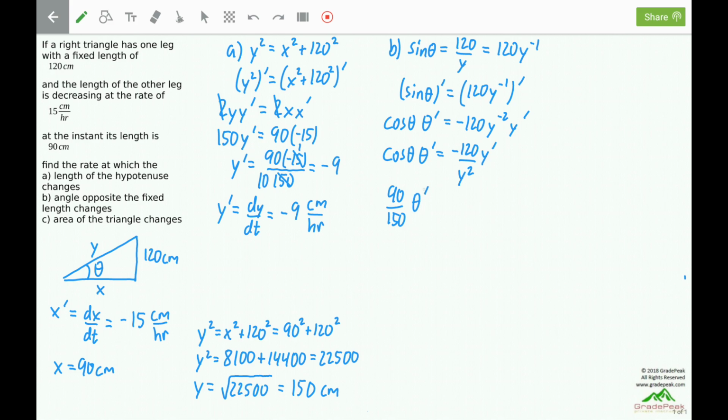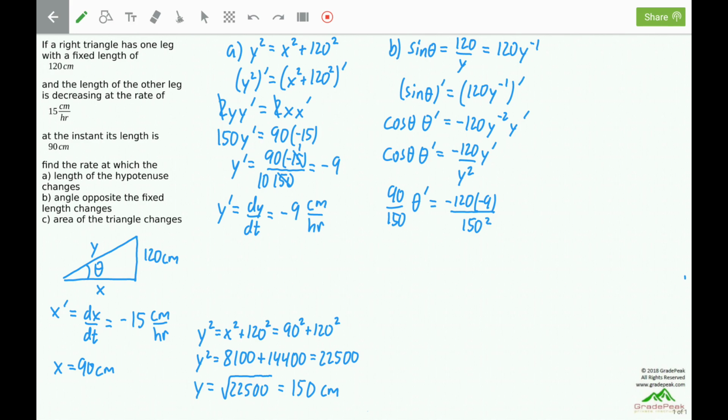We have theta prime, that's what we're trying to find, equals -120. Now y prime we have found, and it's a -9, that's in part A. And all this is over y, which we also found to be 150, and then squared. We want to solve for theta prime here.